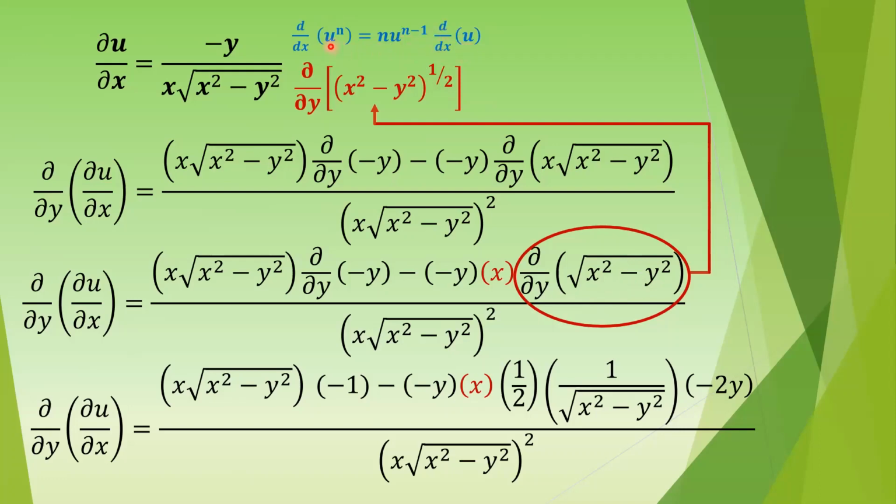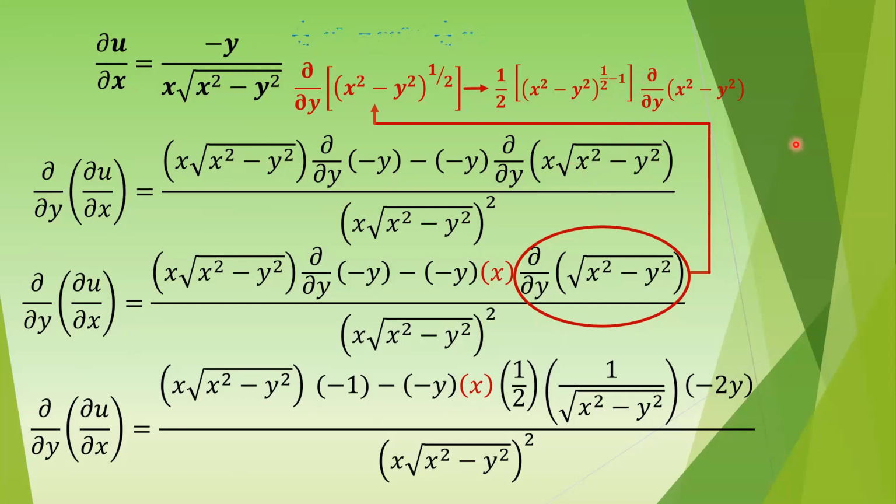Ito yung general power formula na tinatawag natin. So, applying this, so magkakaroon tayo ng n muna, 1/2. So, yun yung 1/2 times u, x squared minus y squared raised to n minus 1, 1/2 minus 1. Then, derivative of u. So, derivative of x squared minus y squared with respect to y. Naka-partial pa rin tayo dito ha, kasi partial lahat yan.